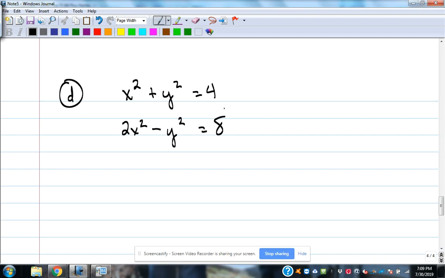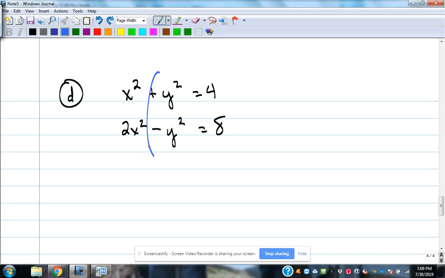Okay, so that's not a circle. That's what we call a hyperbola shape. That's the shape that one makes. It doesn't really matter if you know what the graphs look like. It's the algebra that we're after here.